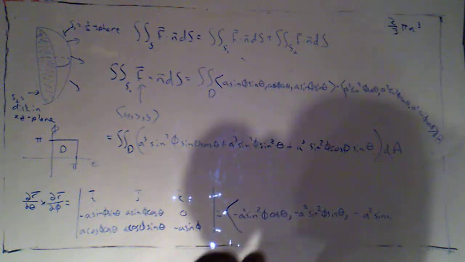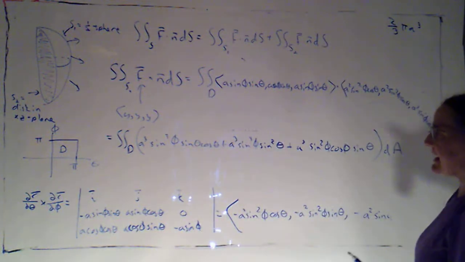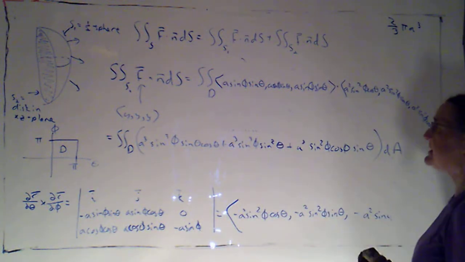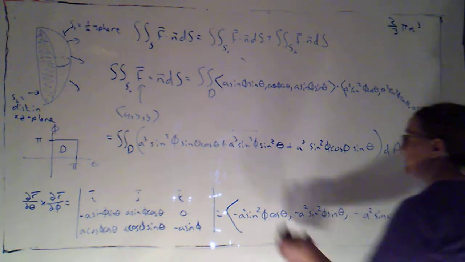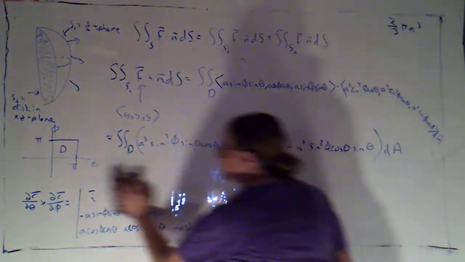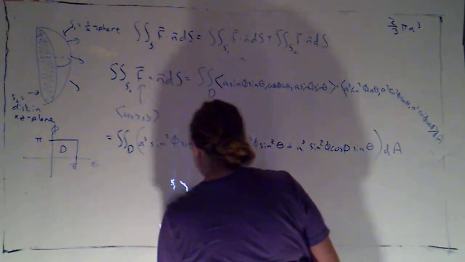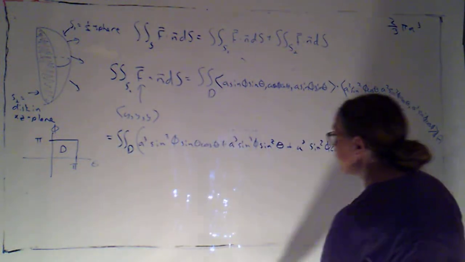Okay, so let's see. I know if I'm integrating with respect to D, I'm integrating from 0 to pi with respect to both phi and theta. Okay.